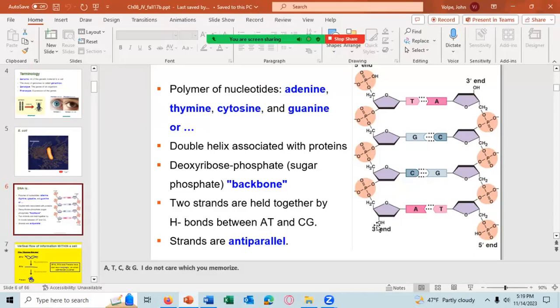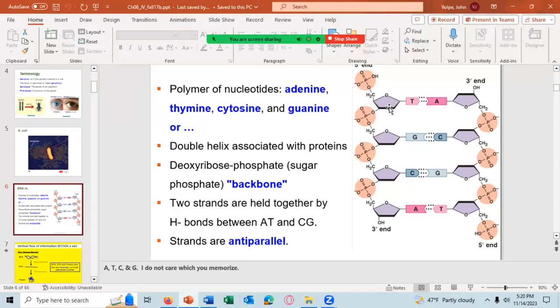And this carbon here is the 3' carbon, and this carbon here is the 5' carbon. They say this is the 5' end because this carbon here is the 5th carbon in the sugar here.